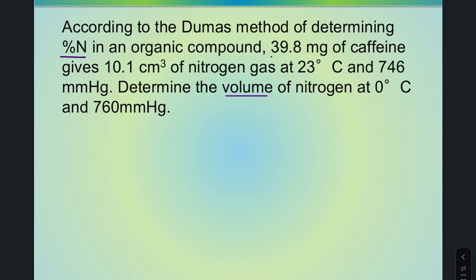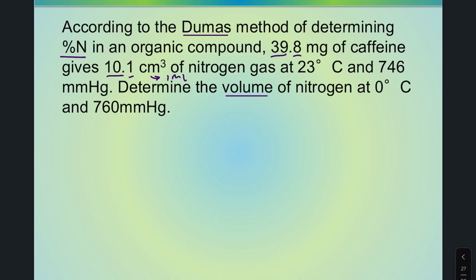So if we had 39.83 milligrams of caffeine, it's going to give 10.1 cubic centimeters of nitrogen. Remember that this is equal to 10.1 milliliters of nitrogen gas at 23 degrees. Eventually, we will have a whole lab on the Dumas method, so don't worry about it for now, but basically it's just a way to see what elements are present in a compound that you have.